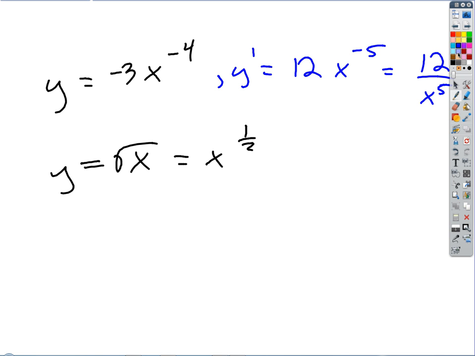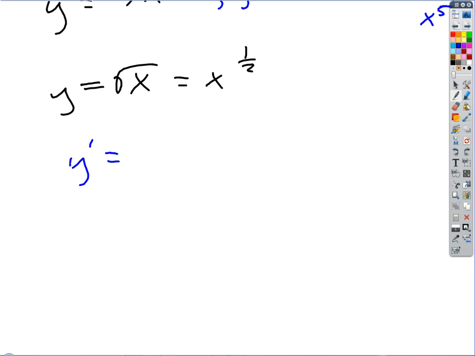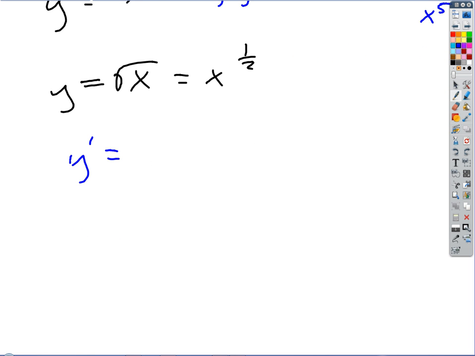So then, if that's the case, what is y prime going to equal if we just follow our rule? 1/2 x to the -1/2, which if I write that with a positive exponent, the negative exponent on top pushes it to the bottom.